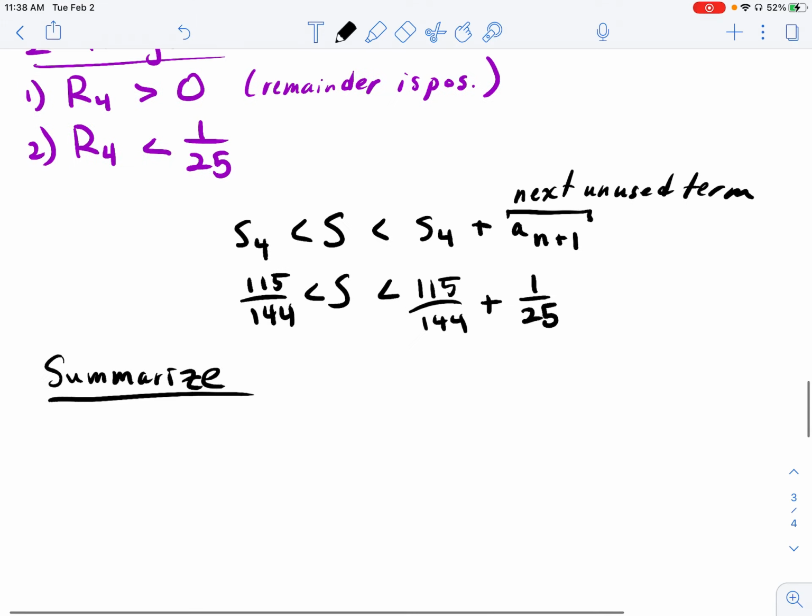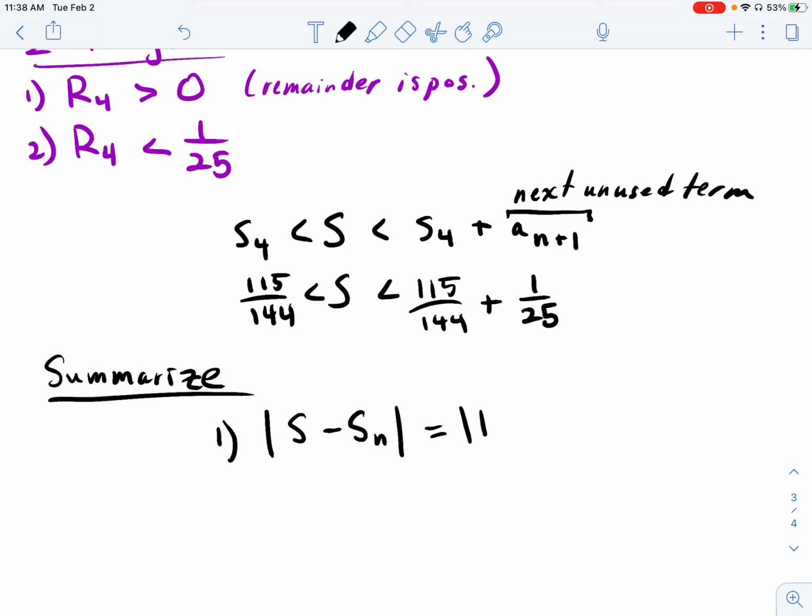We can say that the absolute value, and I'll talk about why we're using absolute value in a bit, of our sum minus our partial sum, in other words, how much our partial sum or approximation is off by from our actual sum, that is our remainder or our error. And we can then say that this remainder, or this error, how much we are off by, has to be less than or equal to a sub n plus 1.